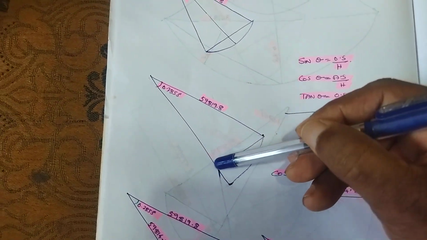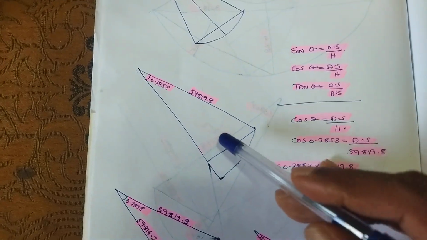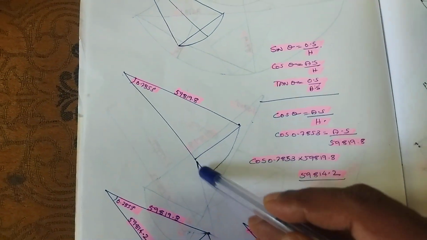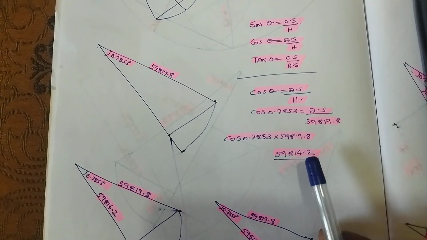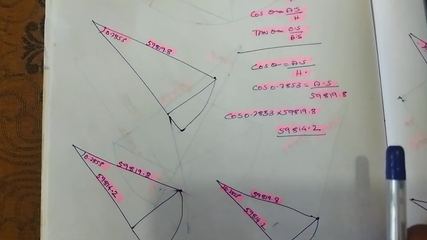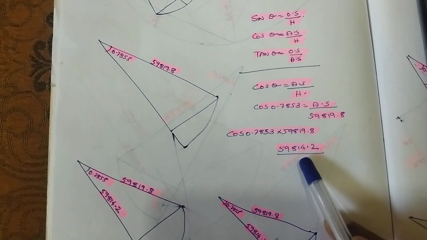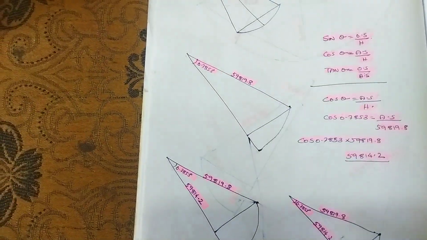We have now got this measurement also from here to here. Then total radius minus this measurement from here to here will be this measurement: 59,819.8 minus 59,814.2. You just subtract it in your calculator.